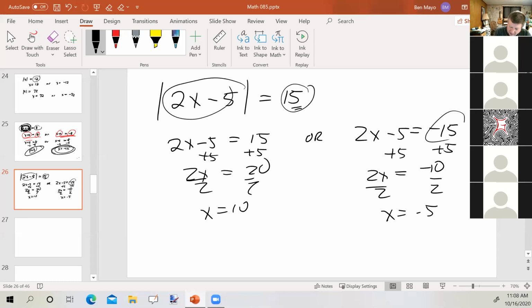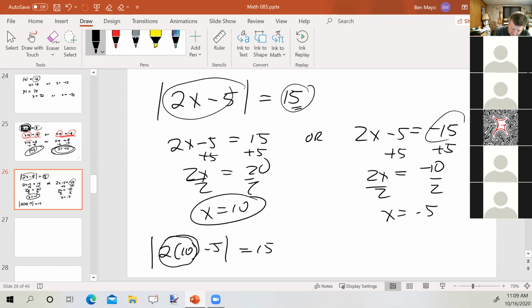Let's check our solutions. Let's take x equals 10. Well, we'd get the absolute value of 2 times 10 minus 5 equals 15. What's 2 times 10? 20. What's 20 minus 5? 15. What's the absolute value of 15? 15.